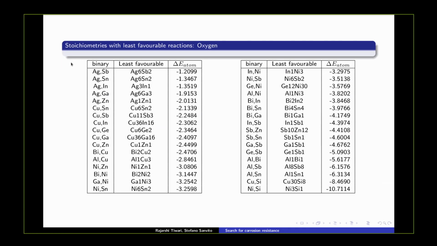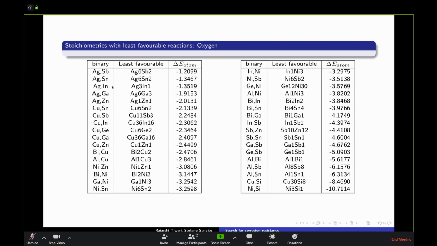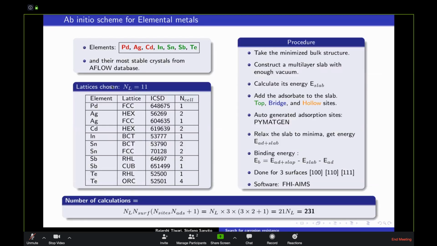From all the possible reactions, we can look at the least favorable reaction, which serves as a stability criterion against oxygen, sulfur, and so on. And this basically concludes the model descriptor-based calculations.